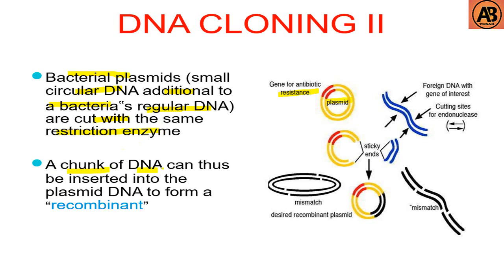A chunk of DNA can thus be inserted into the plasmid DNA to form a recombinant. Here you can see the foreign DNA inserted into the plasmid, and we can create a recombinant DNA. Here we can see the desired recombinant plasmid.